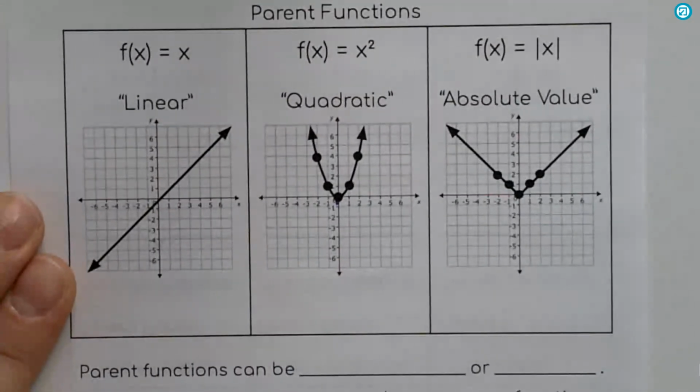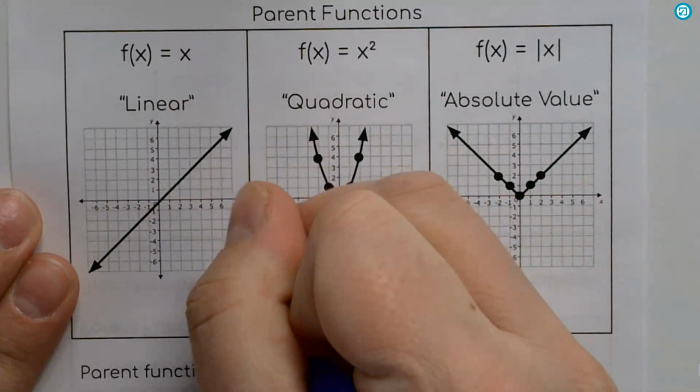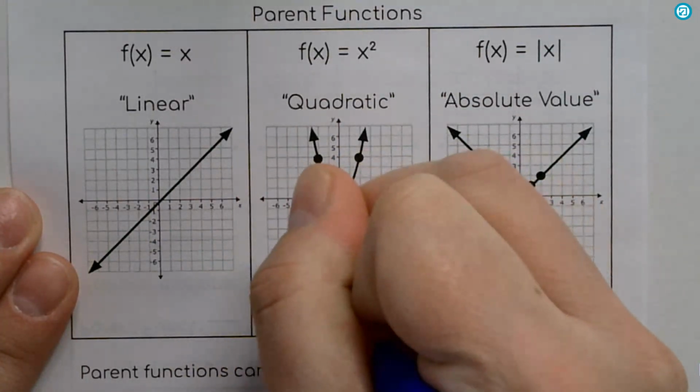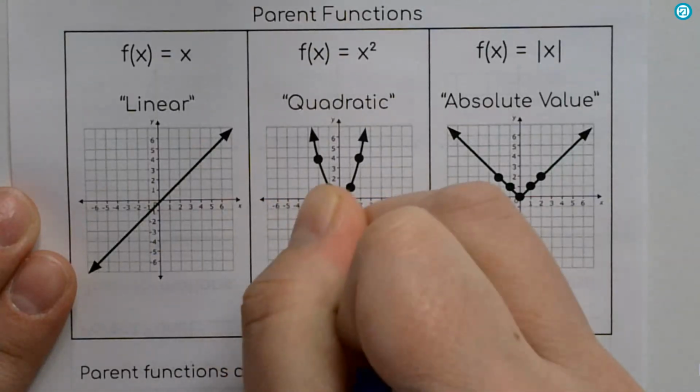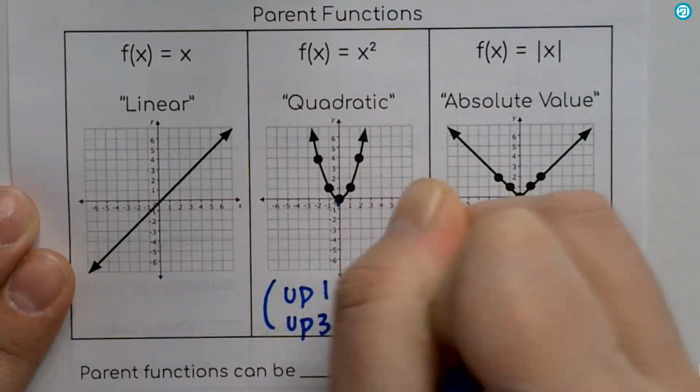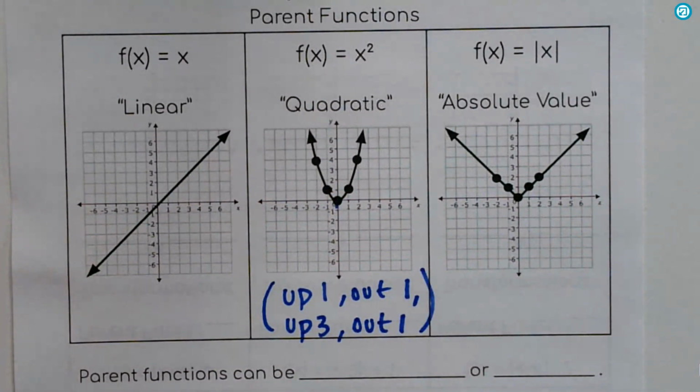If you want to put a little note to yourself of how we're going to graph these, it's going to be up 1, out 1, and then up 3, out 1. I guess you could go out and then up, but that's how I think about it. Because we are going to end up graphing that exact same shape in different places around our graph.